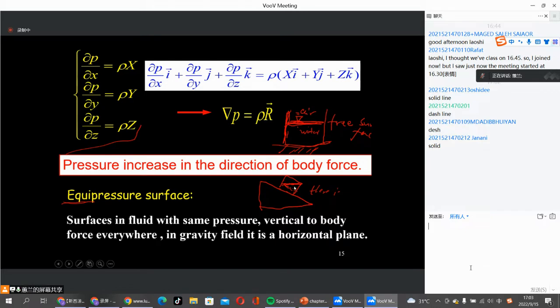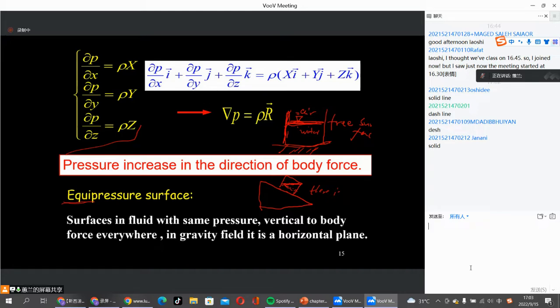You can show it by yourself. It's easy. Why? Because the free surface is an equal pressure surface, and it will always be perpendicular to the body force. Here it will be perpendicular to the gravity force.